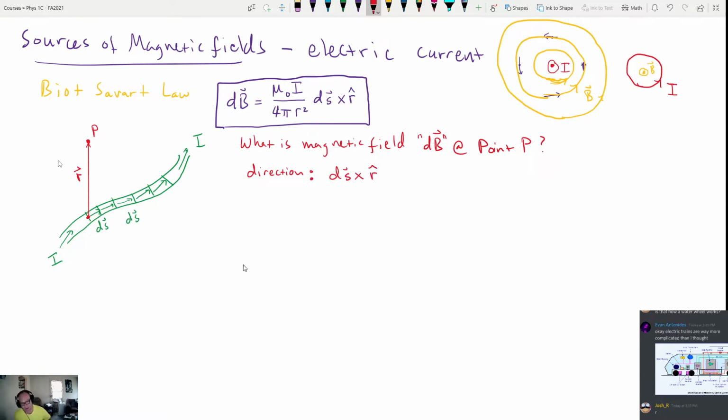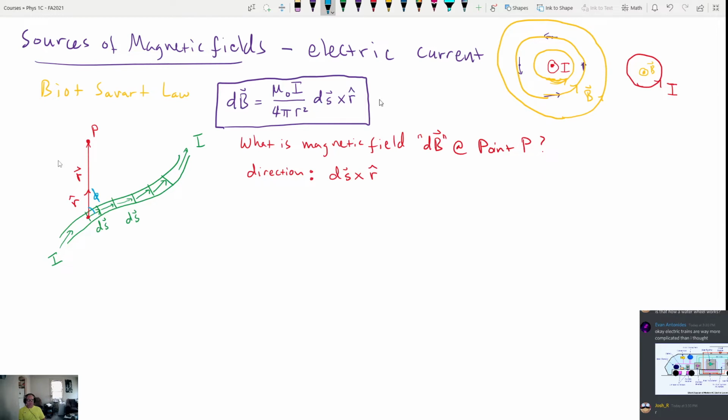ds cross r hat. Okay, so what is ds cross r hat going to be? So you can see where ds is, you can see where r is. I'm just going to say r hat would be a vector of length 1 that would point in the same direction as r, so it's going to look something like that. Let's define the internal angle here. Let's call that angle phi.